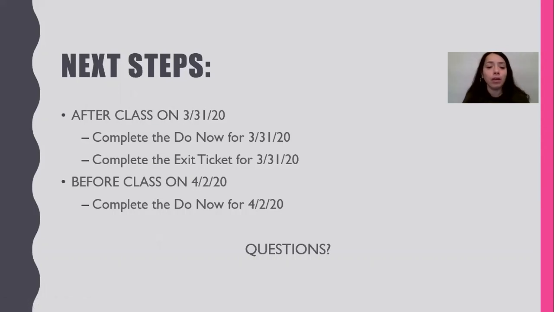Okay? As far as questions go, if you do have any questions, we will be having office hours for a lot of your classes on Wednesdays and Fridays from 2 to 3 p.m. Okay. So again, just go to that link that I had where I showed you the events.